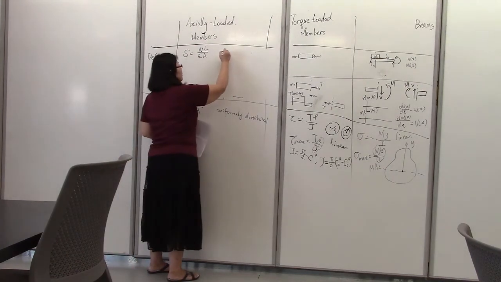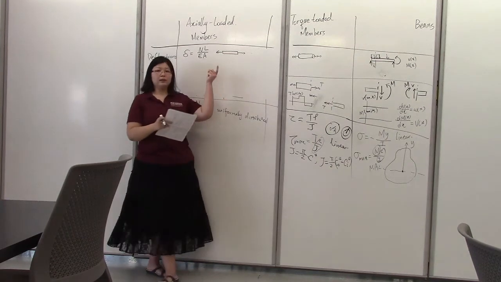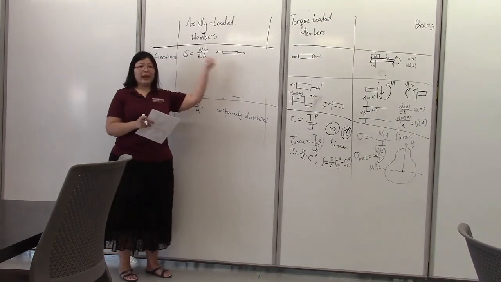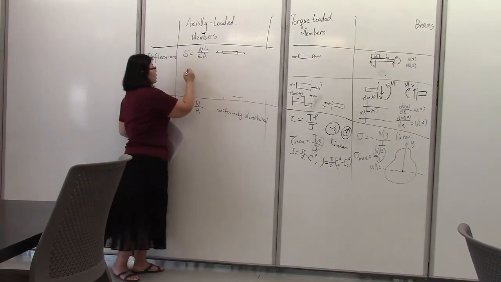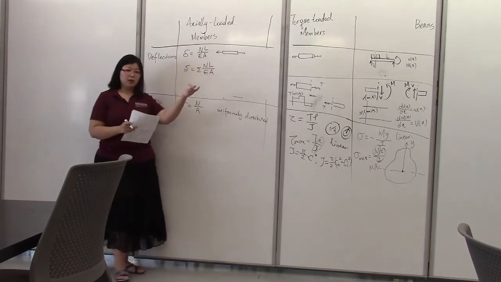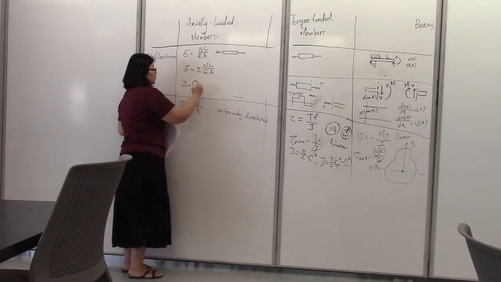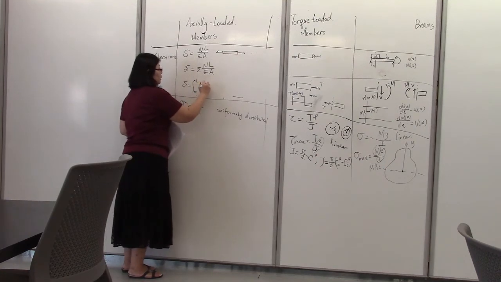Now, this is used only for the following case, which is you have the axial loads applied at both ends of the bar. When this is not the case, we could either do a sum, we might have multiple terms, or we could do an integration across the length of the bar.